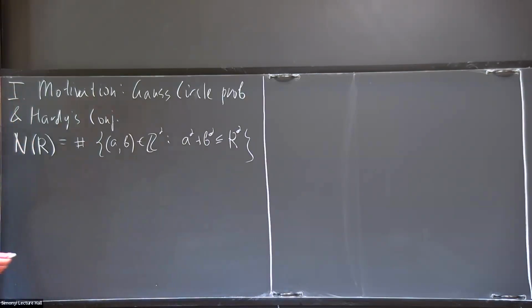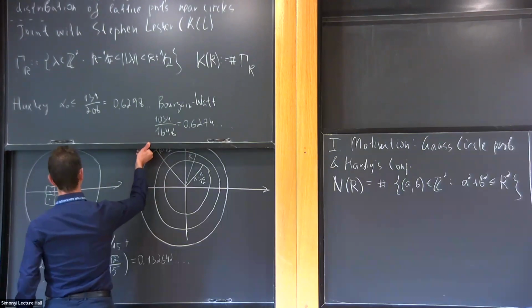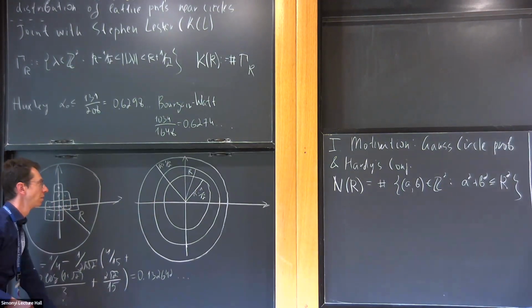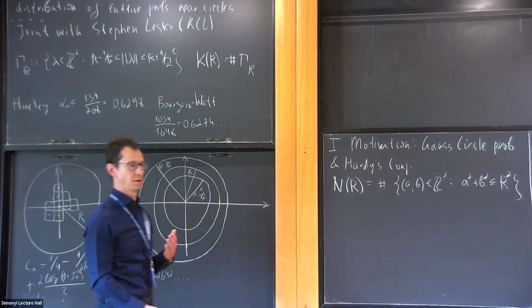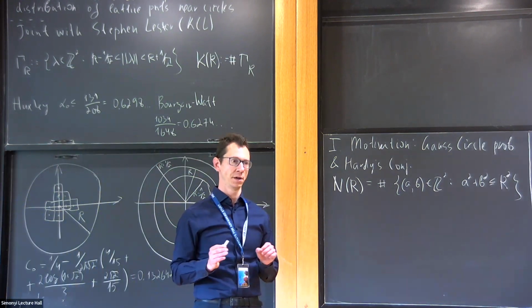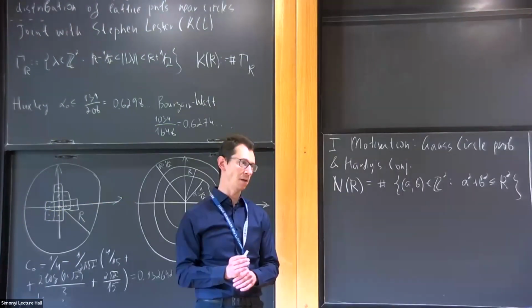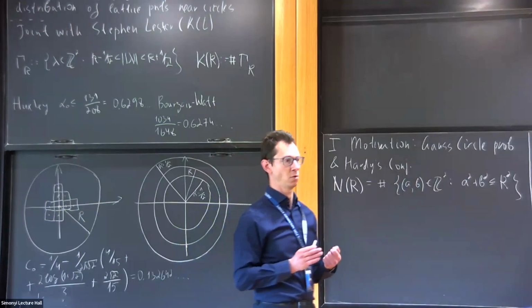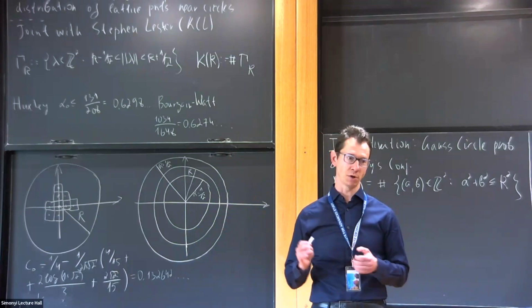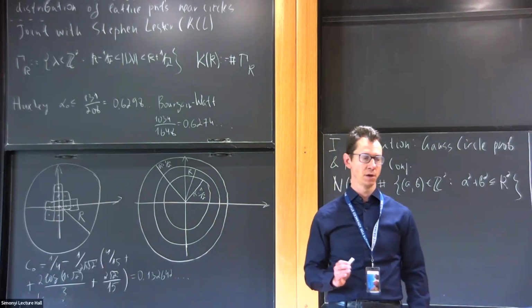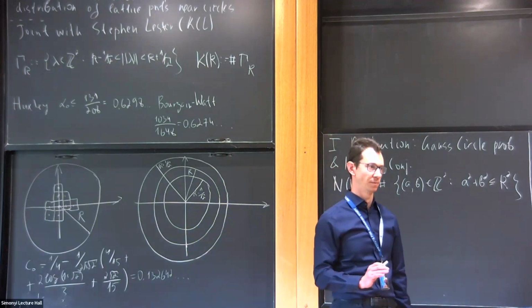First, let's determine the asymptotics of this number, as was done by Gauss in 1837. Let's consider this picture. Around every lattice point, we draw a small square of side length 1. We count all the squares that are centered at lattice points inside the disk, and discount the squares that are outside.